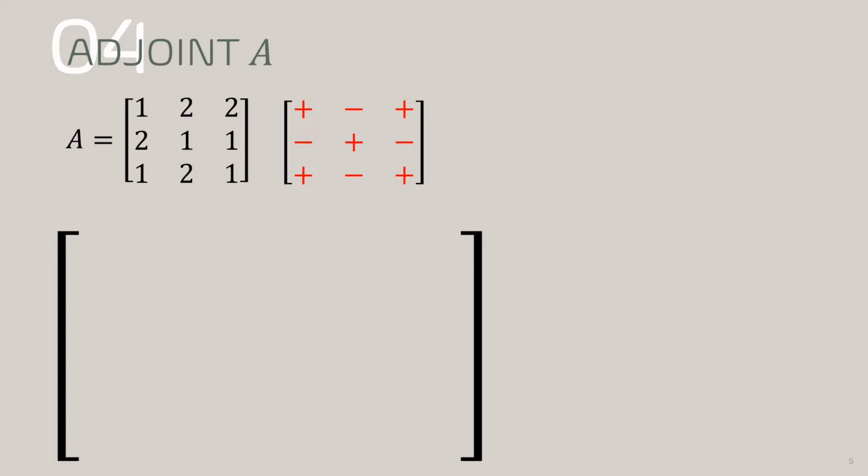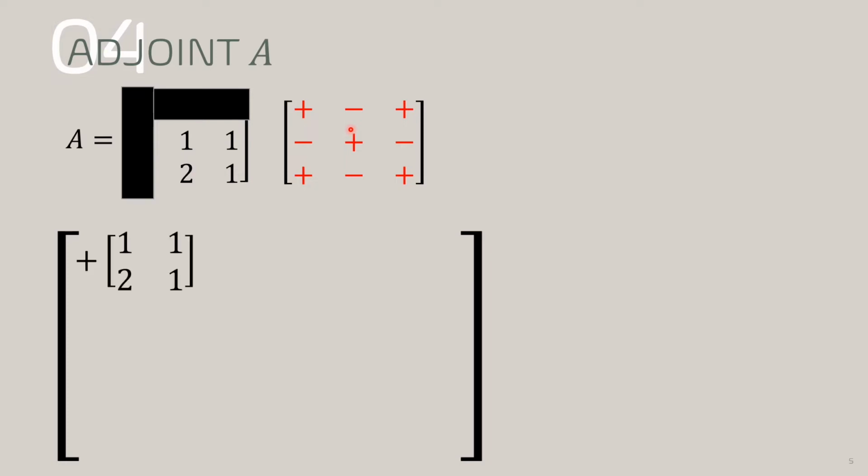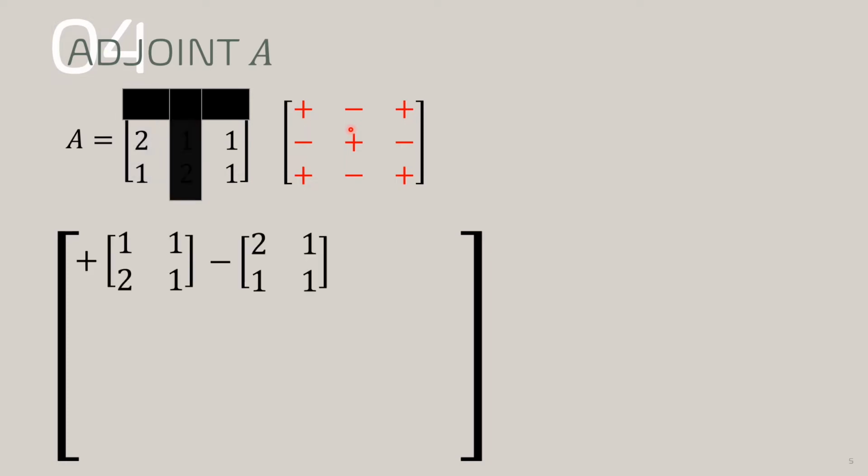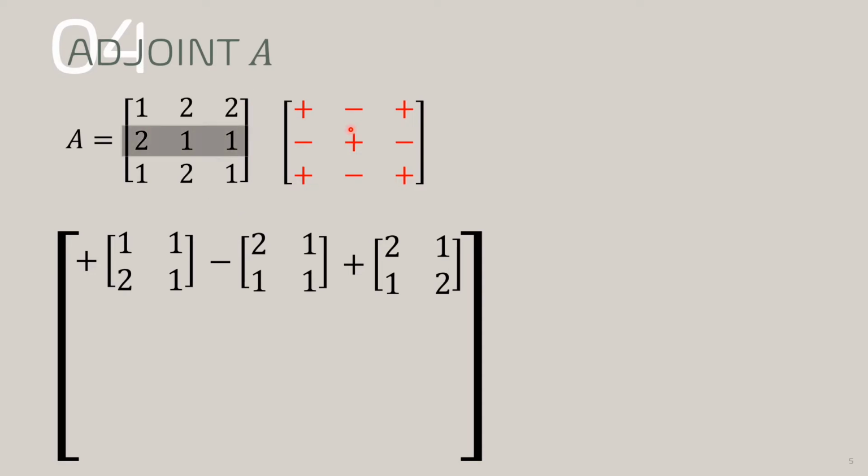So the next step is to find the adjoint of A. Finding the adjoint of A is the same as the determinant just now, but we do it for all rows and columns in the 3 by 3 matrix. First we close the first row and first column, so we'll get this. And then also for the second column and third column.